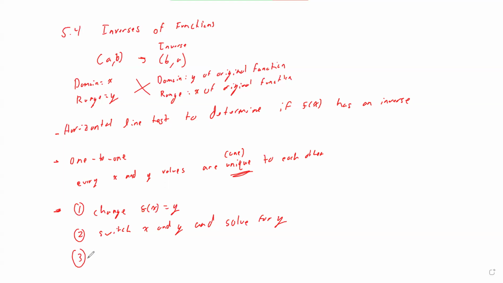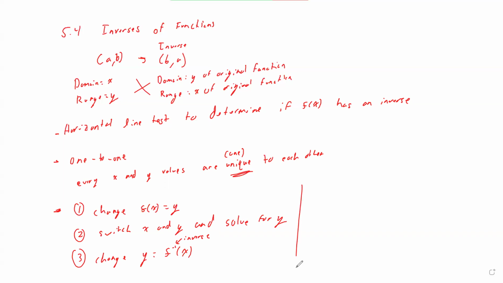And then the third step, change y to f inverse of x, written f of negative 1 of x. This right here indicates inverse, not the fact that I'm going to make it a rational function. All right.